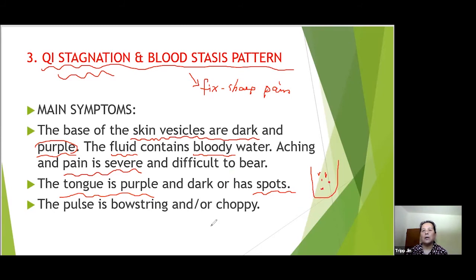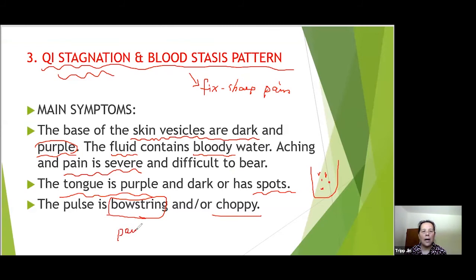And the pulse could be a wiry pulse or a choppy pulse. Choppy pulse is more of a blood stasis pulse. Wiry pulse is more of a qi stagnation pulse, and pain can also cause a wiry pulse.